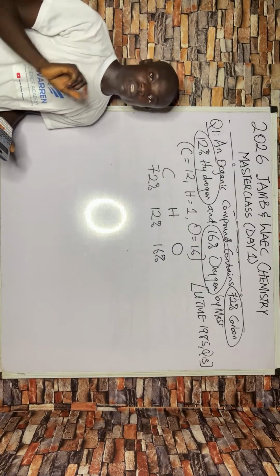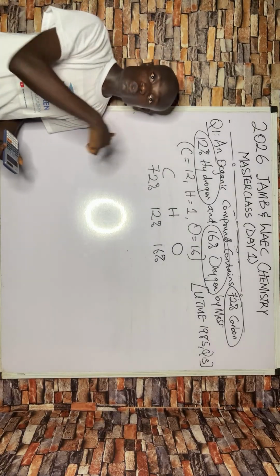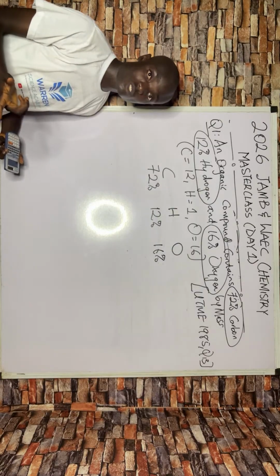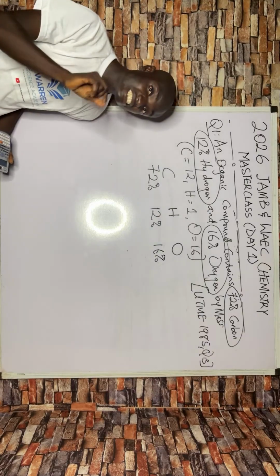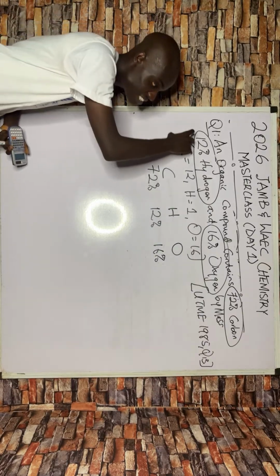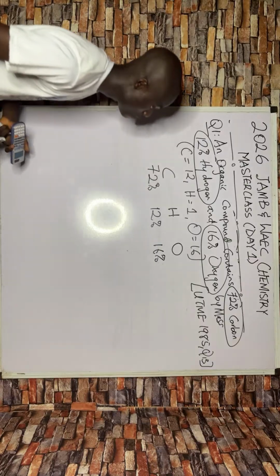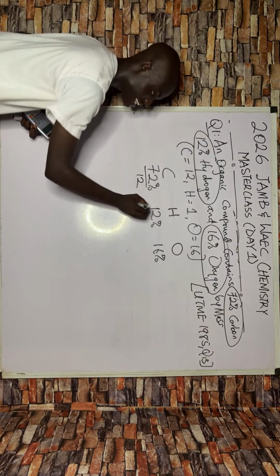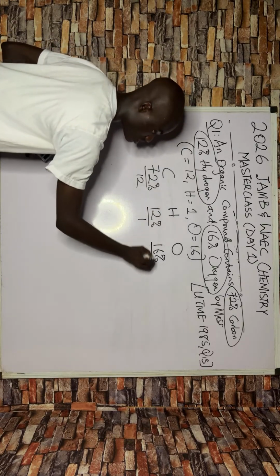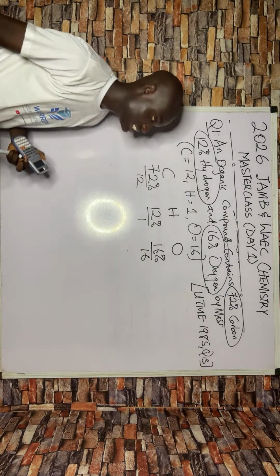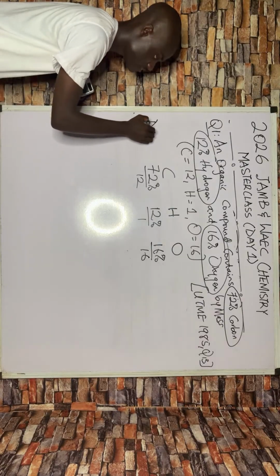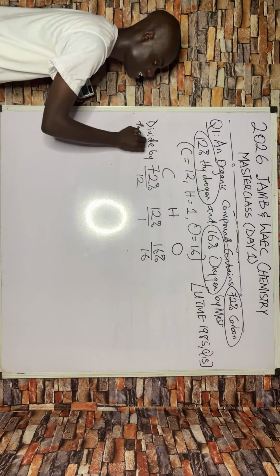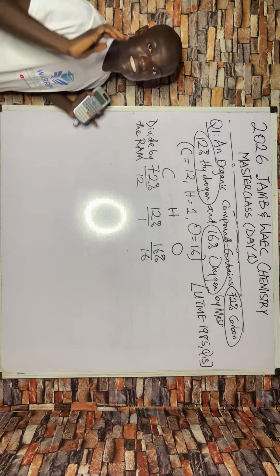The first step, if you go back to the rules I gave you, is to divide the percentage, or sometimes the mass, by the relative atomic mass, which has been given in the bracket.